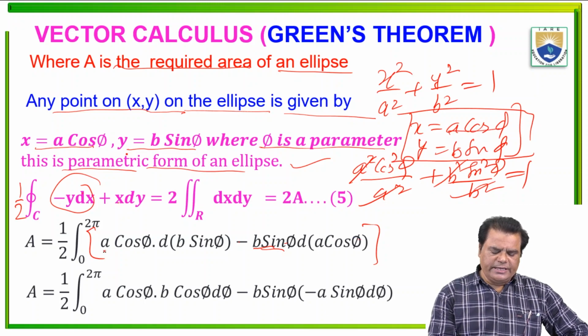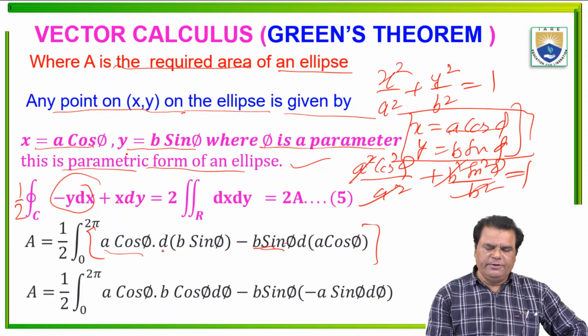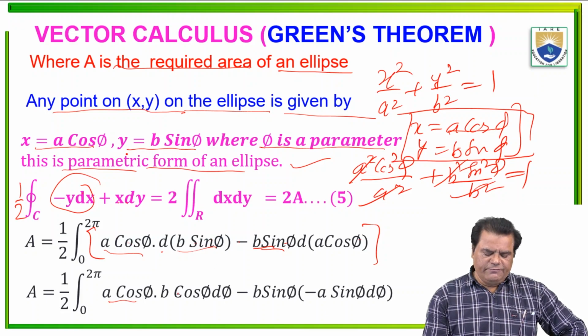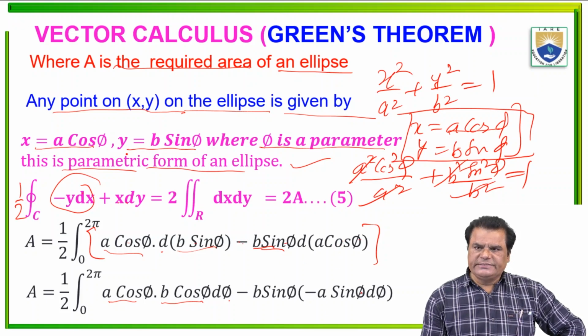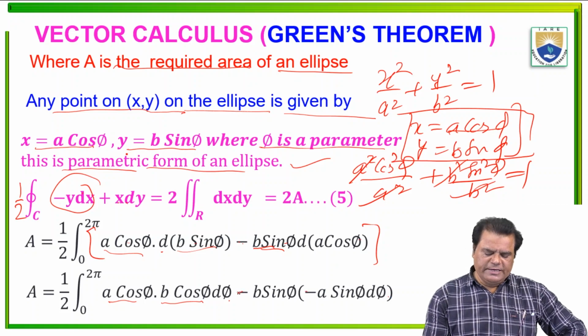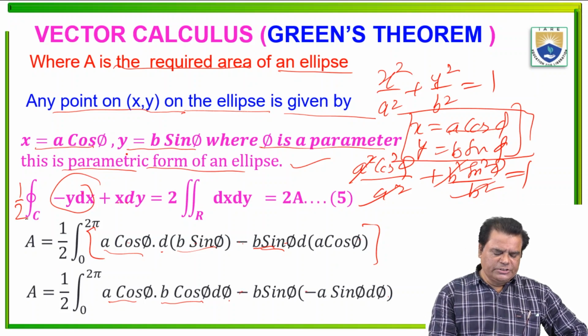So minus b sin phi times the differential of x, and plus a cos phi times dy, where dy is the differential of b sin phi, which is b cos phi d phi. The differential of a cos phi is minus a sin phi d phi. So minus minus is plus.